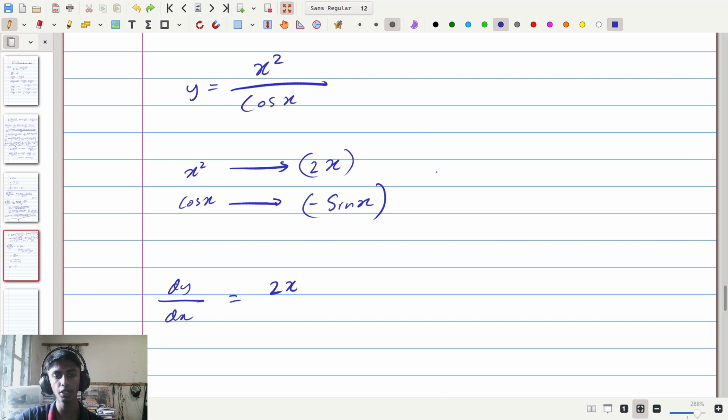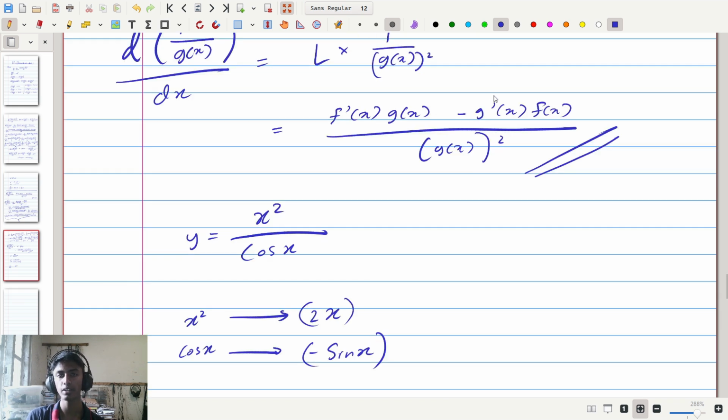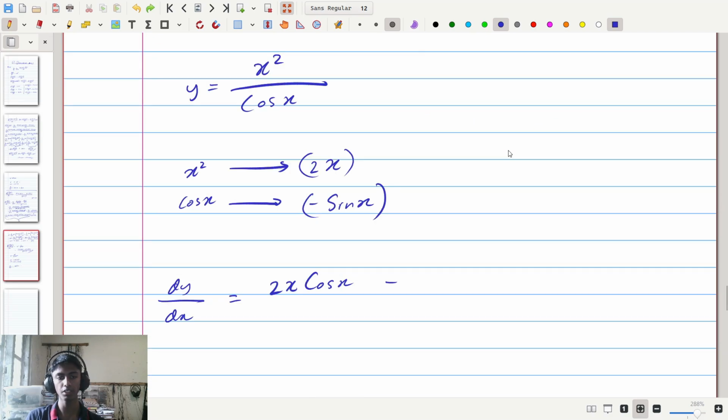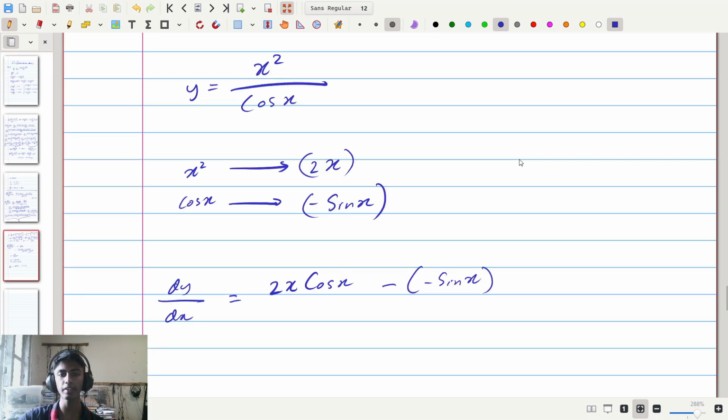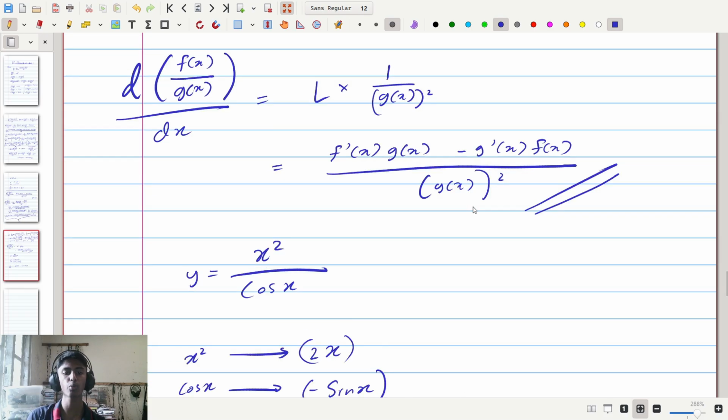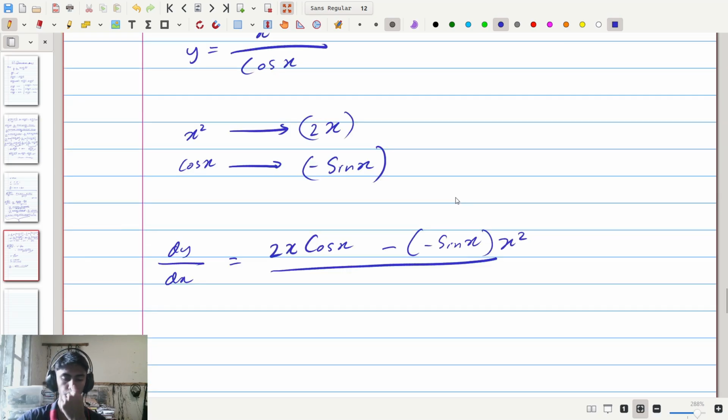So we have 2x times the cosine of x minus the second function's derivative, which in this case is negative sine of x. So we have minus the negative sine of x multiplied by the first function f(x), which is x squared. The whole thing then is to be divided by g of x squared. So g of x is cosine x, and in the denominator we have the cosine of x squared.